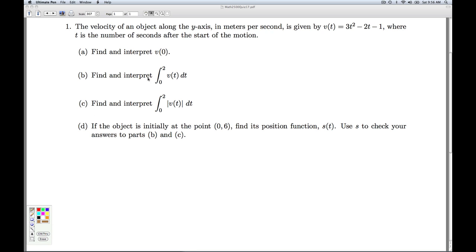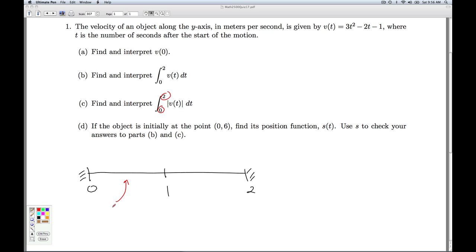Well, if I look here, I'm integrating from 0 to 2. So that's the interval I really care about. So I can start and stop my sign diagram at 0 and 2. And the only one of those critical values in there that I care about would be t equals 1. T equals negative 1/3 over here, I don't really care about that.